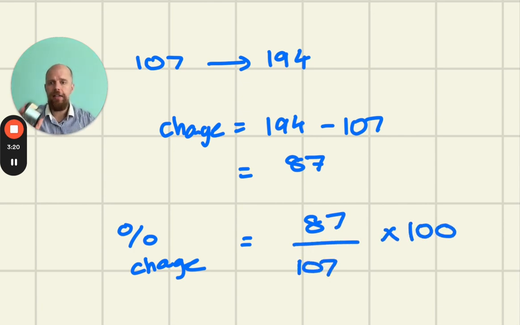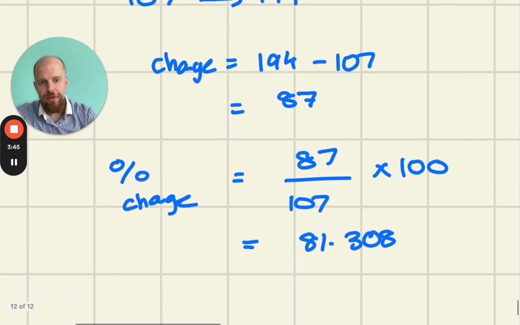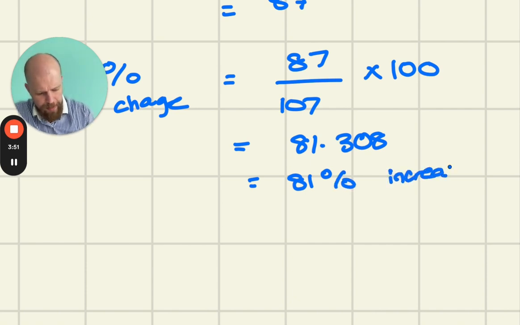I can't do that in my head. I use my calculator. I do 87 divided by 107 times 100. Put that in, and we see that we get 81.308, which rounds to obviously 81% change, and that is an increase.